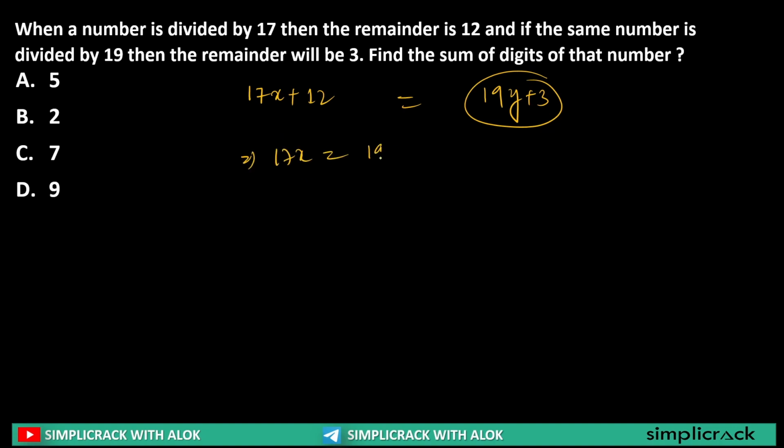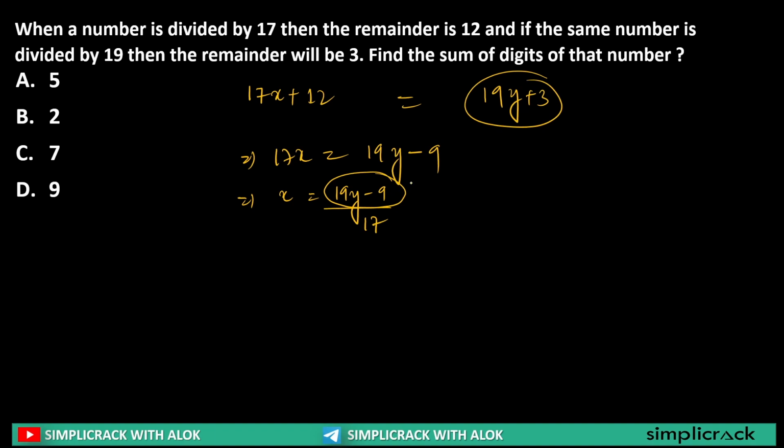17x is equal to 19y plus 3 minus 12, that is 19y minus 9, or x is equal to (19y minus 9) by 17. Yes sir, you are right. Now what is x? x is completely divisible by 17, right? So if I try to find a number which will make sure that this whole thing is divisible by 17: 19 into 10 is 190, minus 9 is 181.